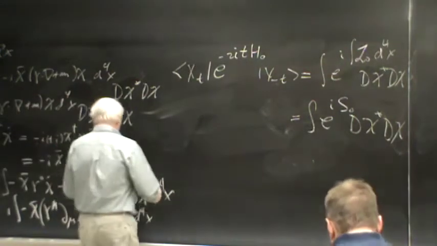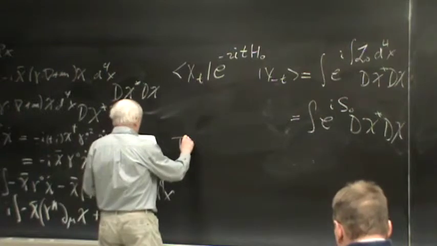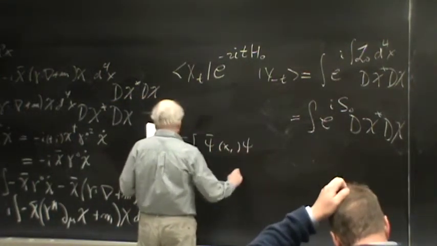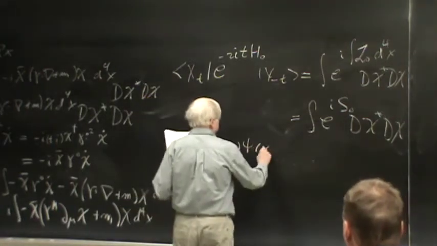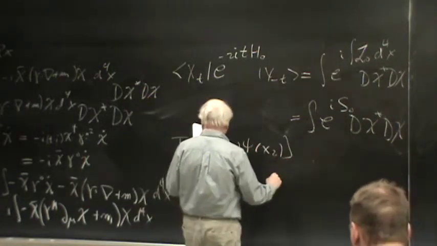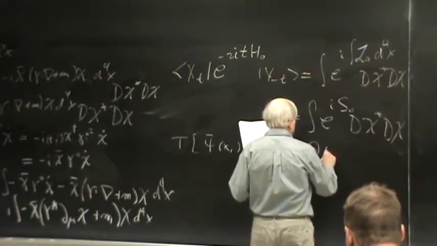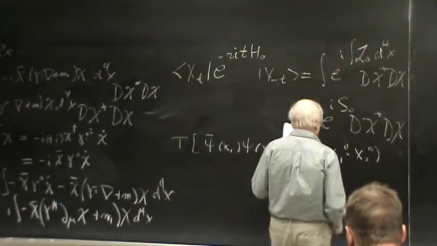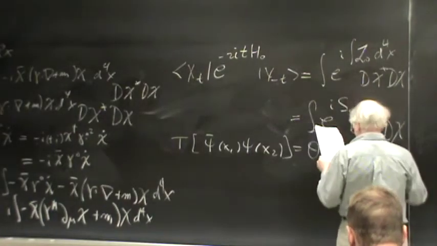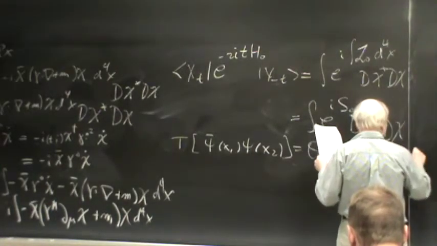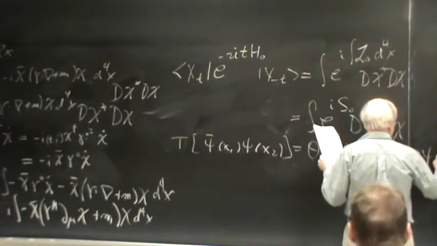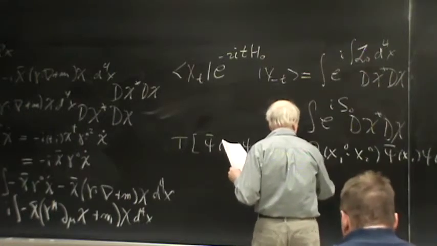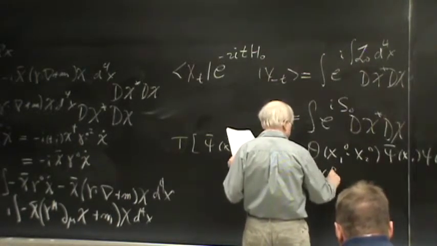Now, as you know, the time-ordered product of two fermion fields, or one fermion field with itself, the first term is the natural thing that would have to be there. But then we put in a minus sign here.